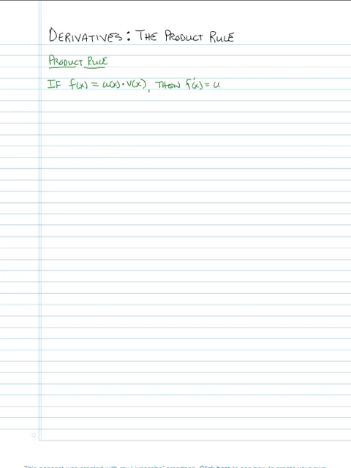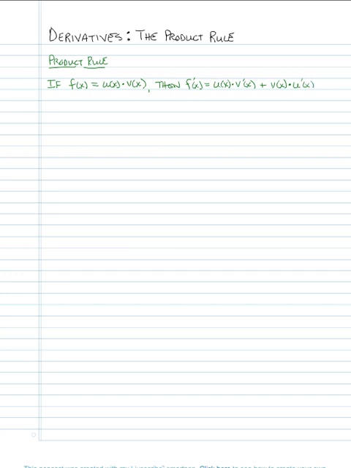We take the first function, u, and multiply it with the derivative of the second function. And then we add to that the second function, v, and multiply it with the derivative of the first function.